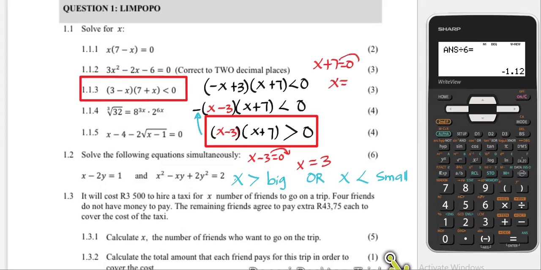You've got x equals minus 7. All you needed to see was which one is bigger, which one is smaller. Positive is bigger than minus. So the 3, it's bigger. So when you come here to the blue, you'll say x is bigger than 3. That's the one I'm putting in a circle. And then x is less than minus 7. That will be your answer. Also, I'm putting it in a circle.